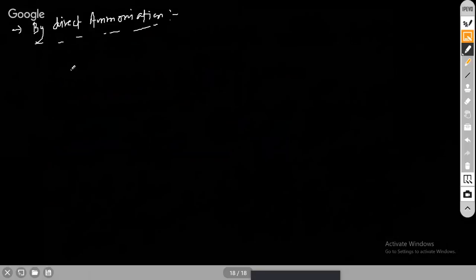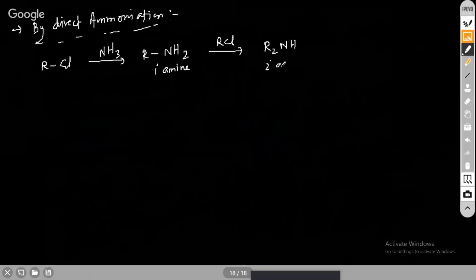Suppose we have RCl, alkyl halide, and it reacts with NH3. One of these hydrogens and the Cl combine and come out as HCl, and it forms RNH2, which is 1 degree amine. Again you substitute with RCl, HCl comes out and we get R2NH, 2 degree amine.